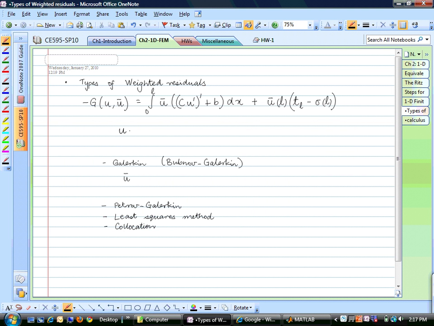Let me also introduce the approximation here. We normally choose our approximation to be some a vector transpose times some shape functions. So this is our approximation for the real displacement.